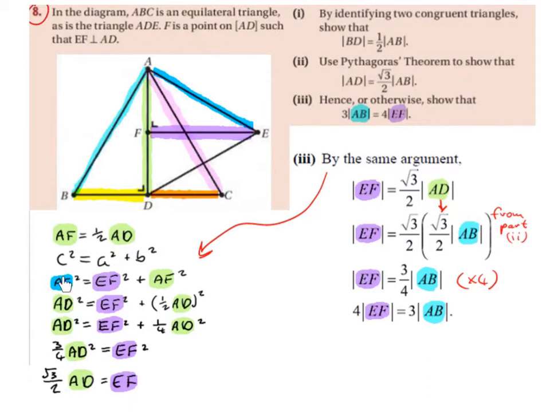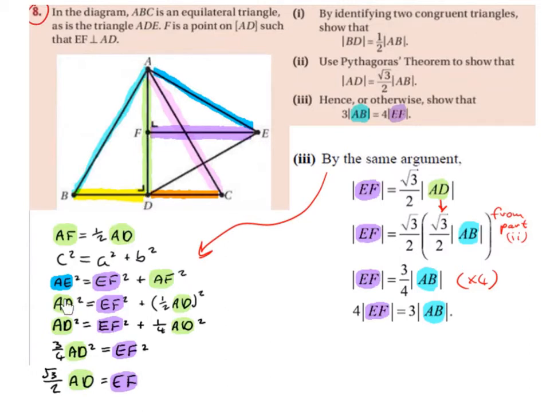Now we know that AE is the same as AD, because remember this is an equilateral triangle. So AE squared becomes AD squared, EF squared stays the same, and AF squared we swap for half AD squared, because AF is half of AD.